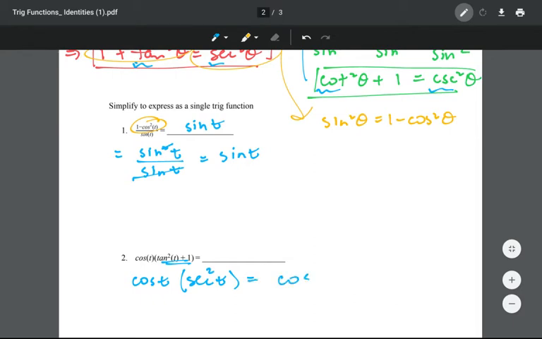Putting everything in terms of cosine so I can simplify further, I have cosine times 1 over cosine squared. I can cancel one of those with a cosine in the numerator. I get 1 over cosine t, and that is secant. So this one simplifies to secant.